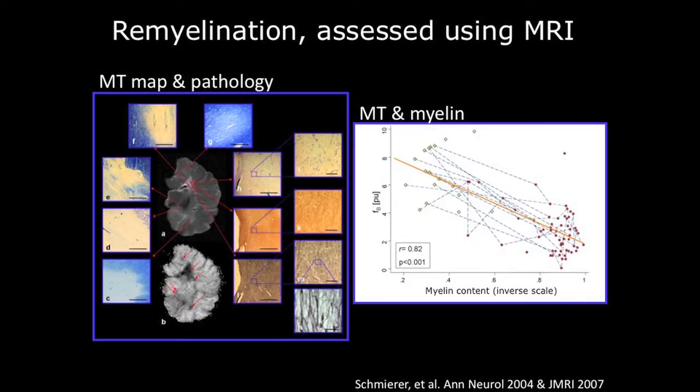One of them is actually an MRI marker. It's work that we've been involved in ourselves. This is based on an effect in MRI called magnetization transfer. The problem in MRI is that you're basically looking at protons, so water molecules.